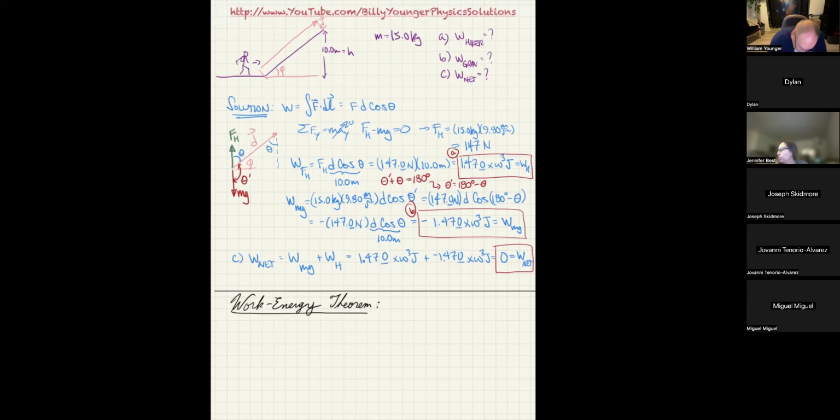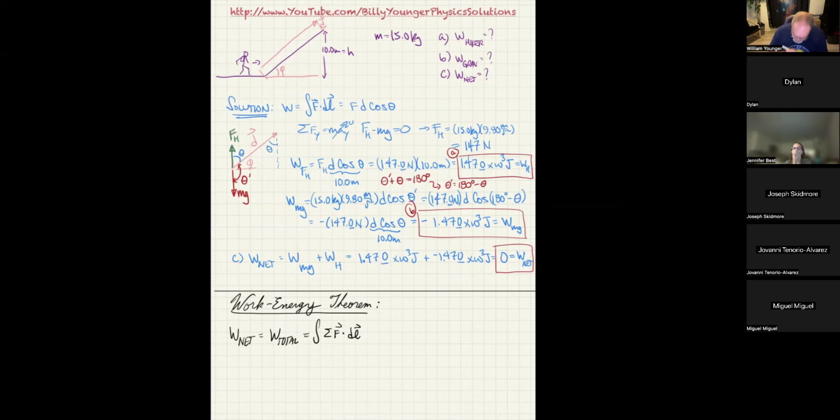Now let's calculate the total work. So work net, often called work total, is equal to the integral of the summation of all the forces dotted with dl. Okay.